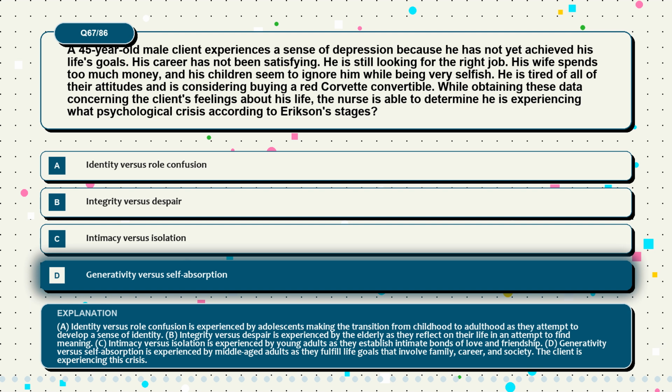C: intimacy versus isolation is experienced by young adults as they establish intimate bonds of love and friendship. D: generativity versus self-absorption is experienced by middle-aged adults as they fulfill life goals that involve family, career, and society. The client is experiencing this crisis.